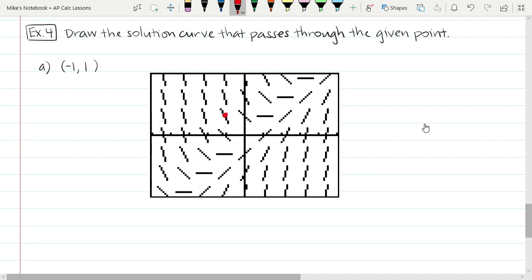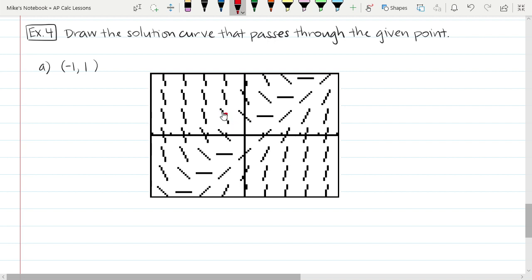It doesn't really matter. But now, to draw the solution curve, the idea is, remember that your curve has to have each of these slopes as it passes through. So we need to use the direction of all of these segments to kind of point us which way the curve should be going. So what you're going to do is start with your pencil on the point, and first we're going to go sort of to the right or down, whichever way we're being pointed.